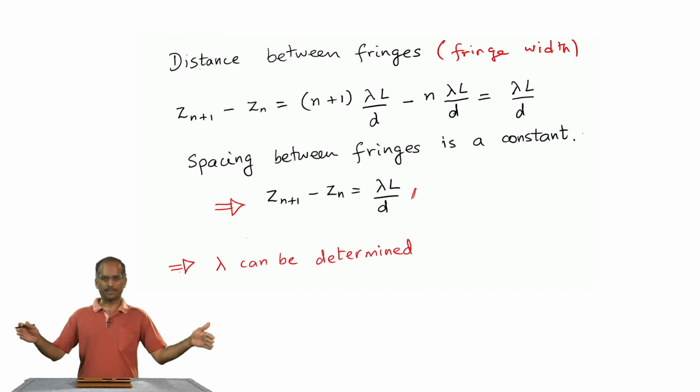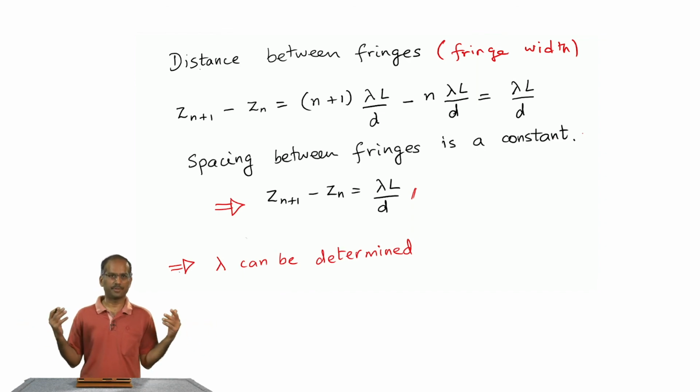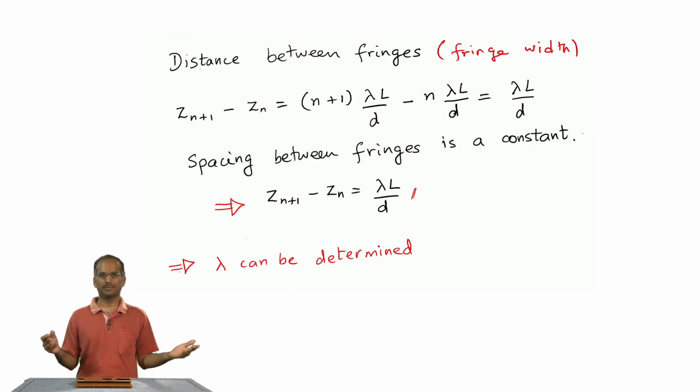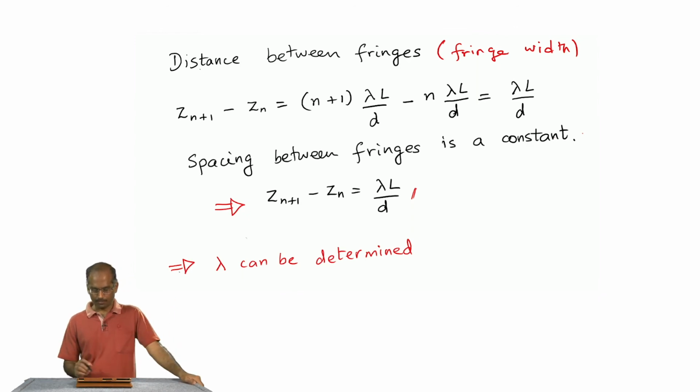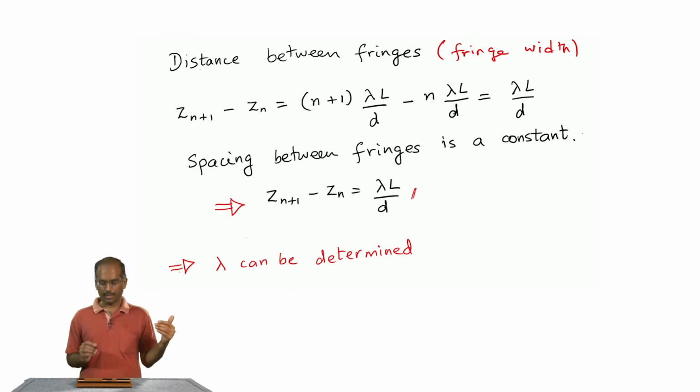This also affords a way of calculating lambda, provided I know other things. I know what capital L is, because in an experiment, you set up the distance between the source of radiation and the screen. So, you know capital L, and you know the value of d, because again it is under our control. Once I know all this, I can measure the fringe width experimentally.